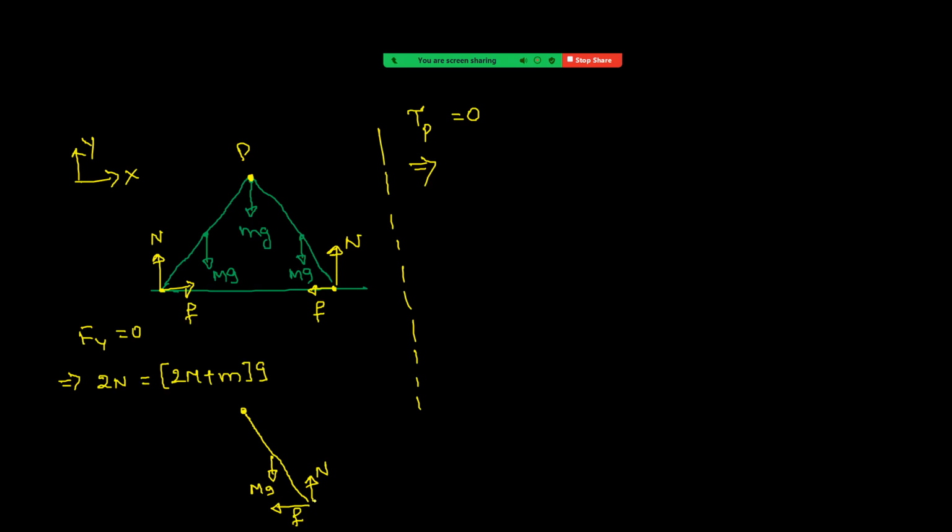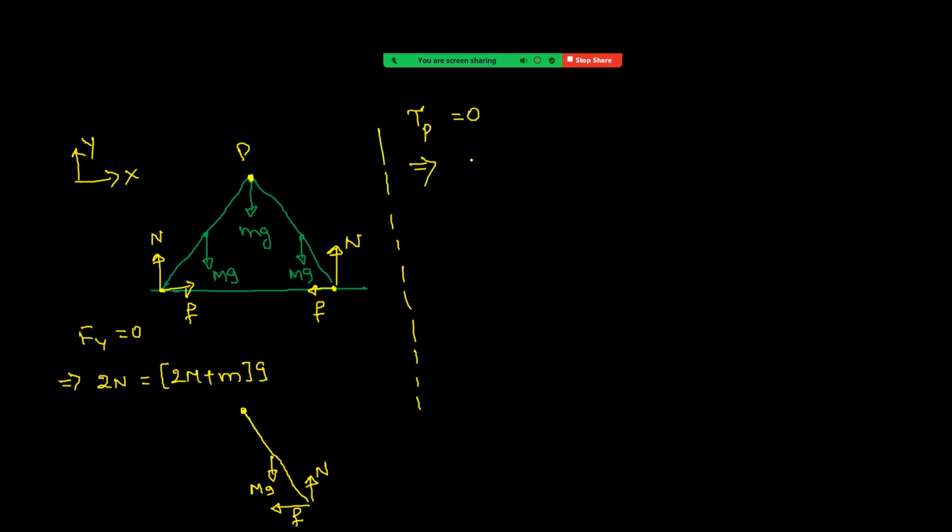Because of friction, torque is clockwise. And because of normal reaction, torque is anti-clockwise. So you should be very careful while taking the direction of torque. About this point, if you apply force down, the rod will rotate clockwise. If you apply force in this way, again it rotates clockwise. If you apply force in this way, it rotates anti-clockwise.